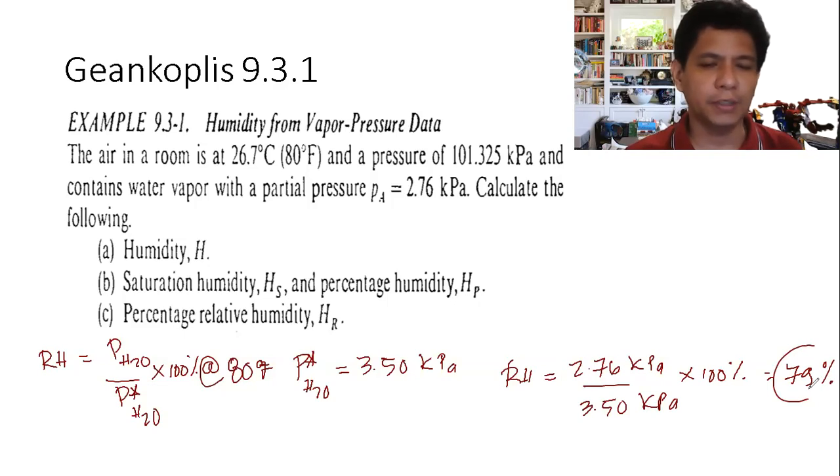So the percentage relative humidity is 79%. Okay? I hope you get these quite simple concepts. The important thing is you need to memorize the definition or the formula in solving this problem.